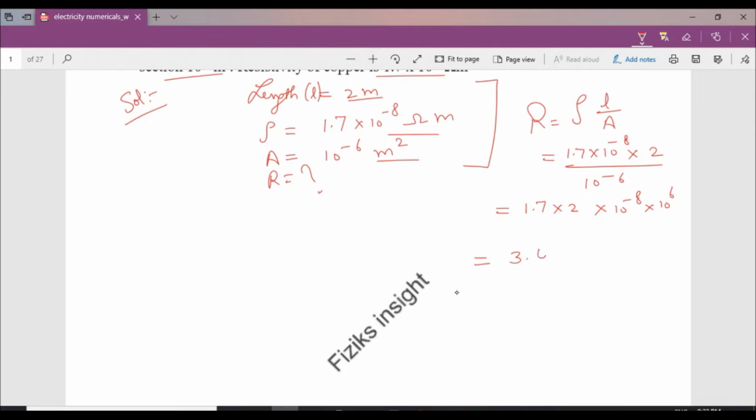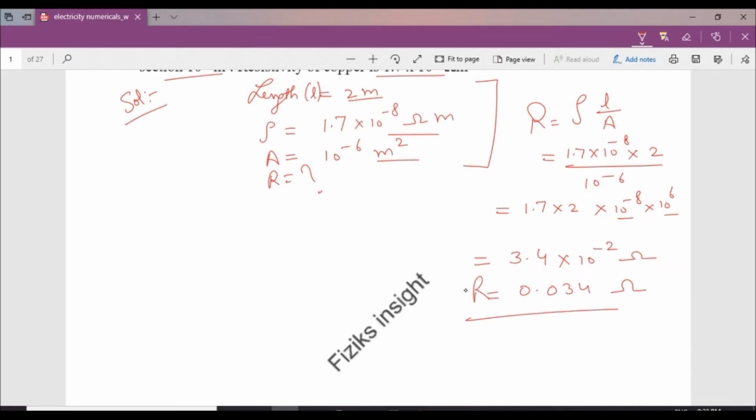So it will be 3.4 into 10 raised to power. See, bases are same. Now powers will add. So minus 8 plus 6, it is minus 2. So this is my resistance, or you can say 3.4 divided by 100. It is 0.034. So this is our required answer.